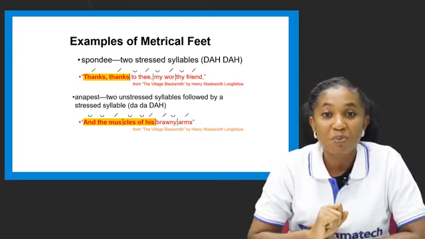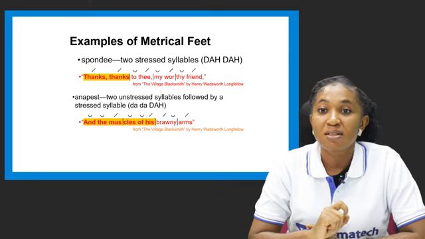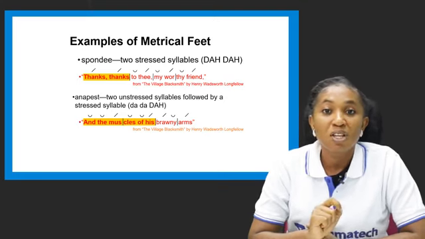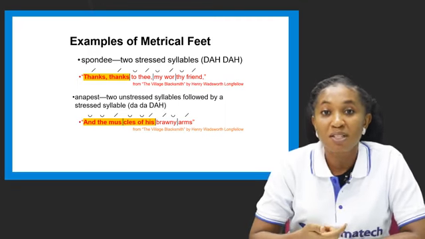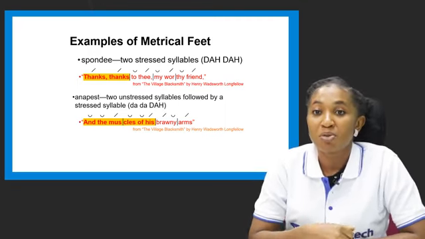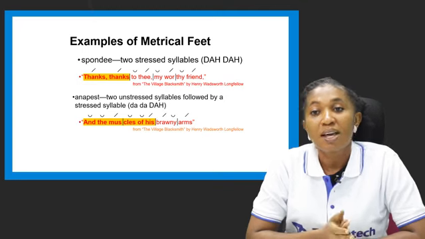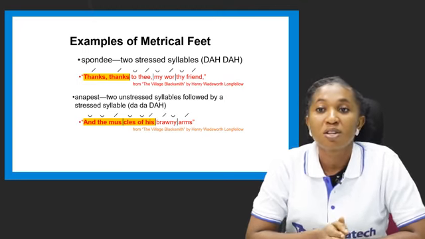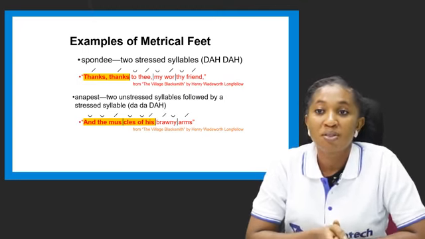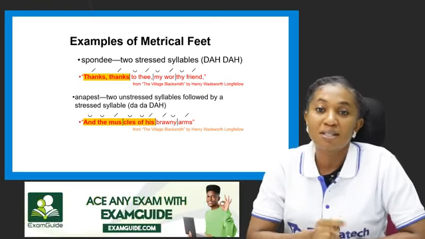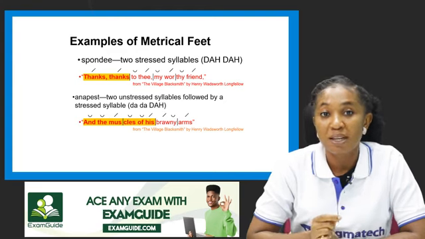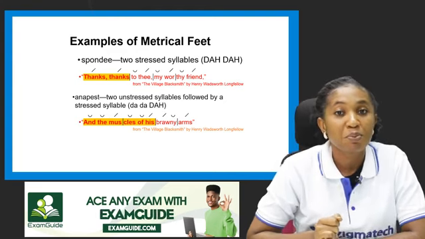Take note of the highlighted part on your screen. These 2 words form an example of spondee in poetry. So the line says, thanks, thanks to thee, my worthy friend. So the first 2 words give us an example of a spondee in poetry.